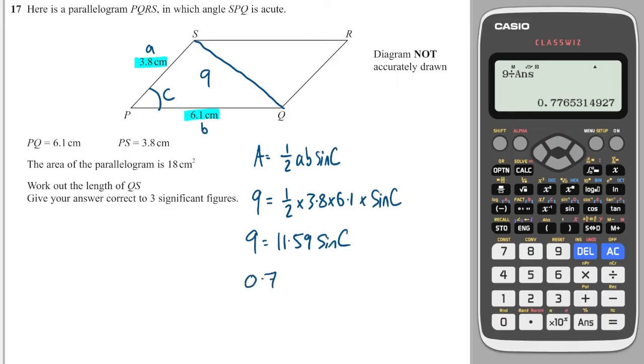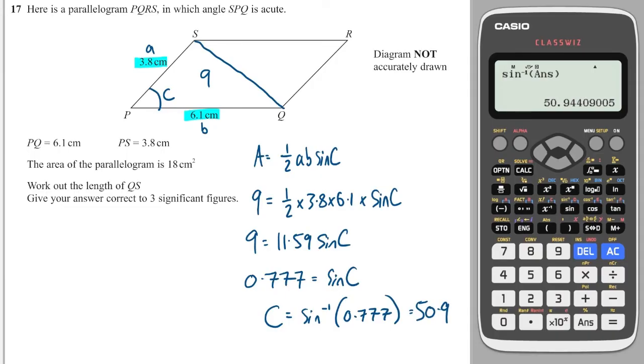So 0.77, let's say 7, is equal to sine of C. So that angle is equal to sine to the minus 1, the inverse function of sine of that value. So I'll just do shift sine of the answer equals, and I get my angle 50.9.